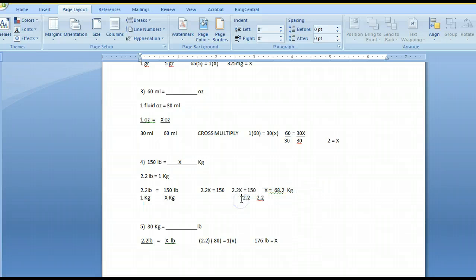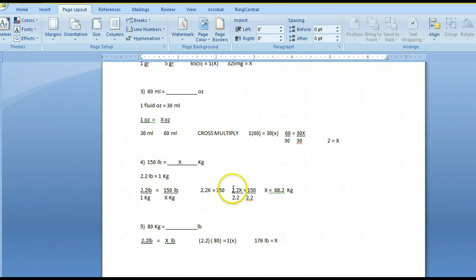And I hope you can kind of see it here. It's kind of hard to type this out. It's easier to write it on the board. There you go. So whatever you do on one side, you have to do on the other. So if I divide 2.2x by 2.2, I have to divide 150 by 2.2. The reason why I picked 2.2 is because 2.2 divided by 2.2 is 1, right?